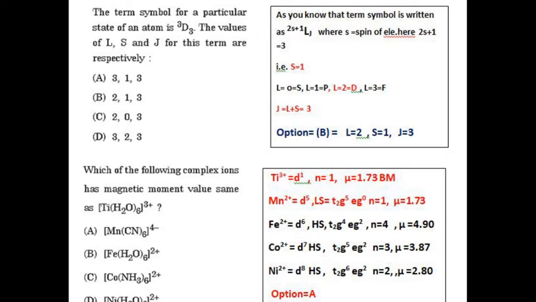Similarly, the third and fourth complexes are high spin complexes and their magnetic moment values are not the same as the manganese complex. So the correct answer is option A, which has magnetic moment 1.73 BM, equal to the titanium complex. Again, a very easy question.